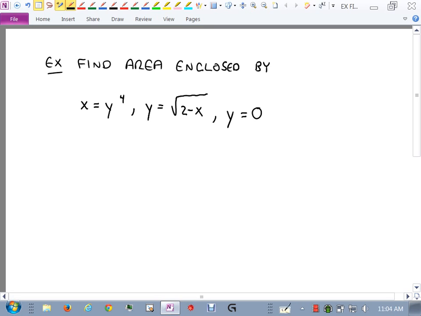So they actually give us 3 different curves here. There's 3 different curves, right? This one, and this one. So we need to find the region that's enclosed by those 3 curves.